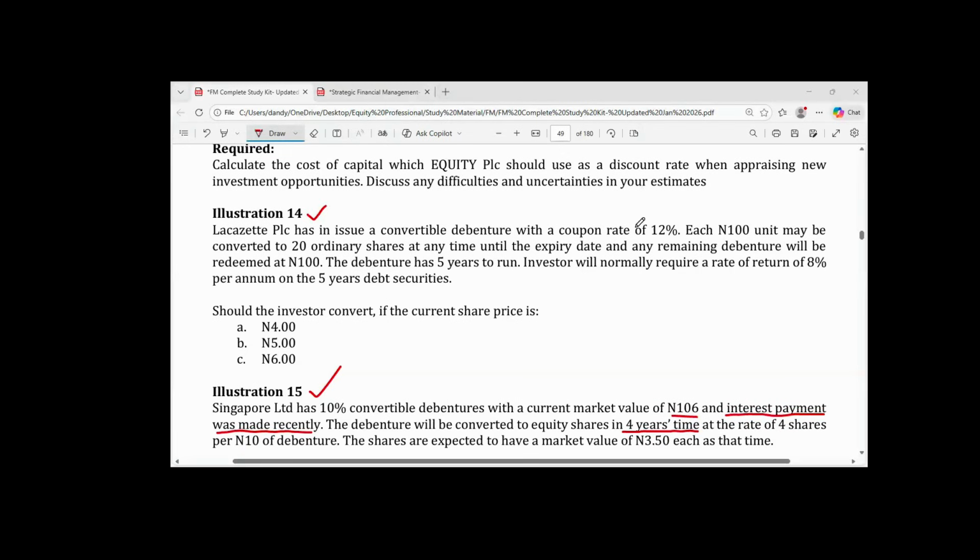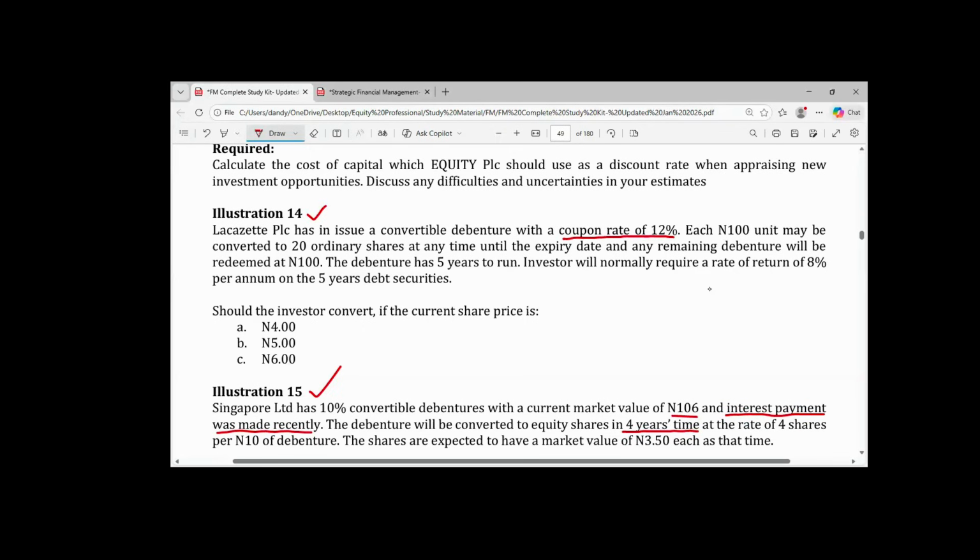Lacazette PLC has in issue a convertible debenture with a coupon rate of 12%. Each 100 naira unit may be converted to 20 ordinary shares at any time until the expiry date, and any remaining debenture will be redeemed at 100 naira.